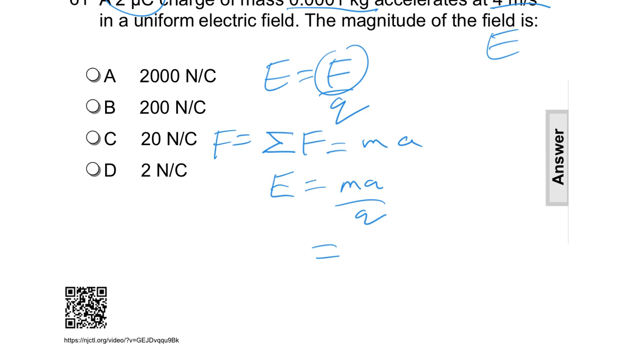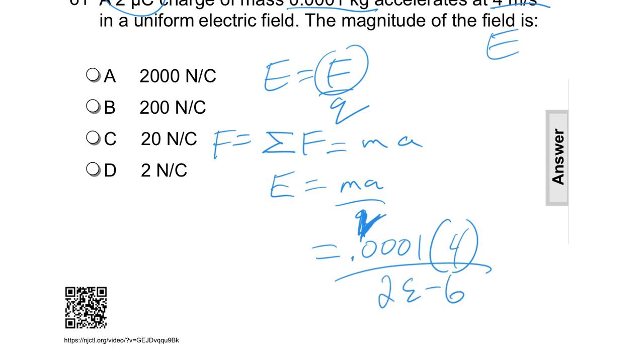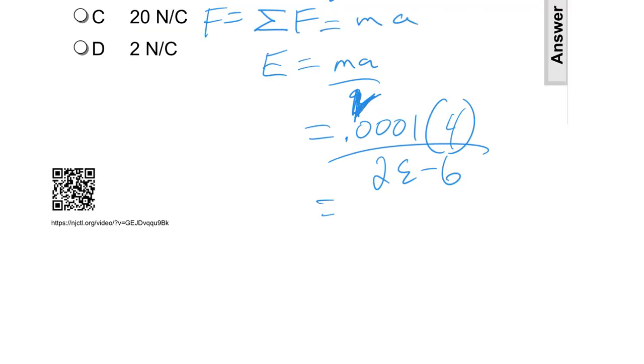The mass is 0.0001 times the acceleration, which is 4, divided by Q. Q is 2 e to the negative 6 coulombs. Now, you really don't need a calculator. You could, but this would be 4 e to the negative 4, because 0.0001 is 10 to the negative 4, divided by 2 e to the negative 6.